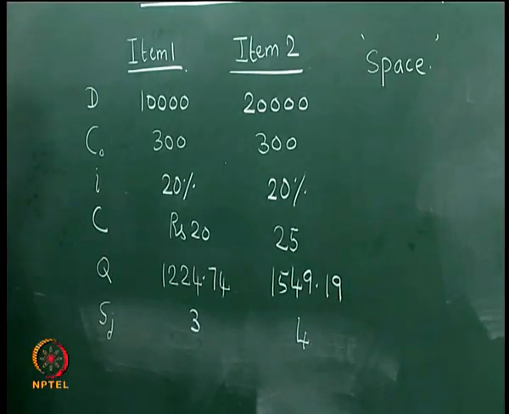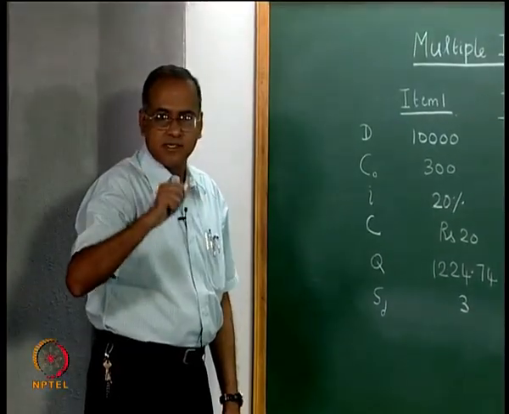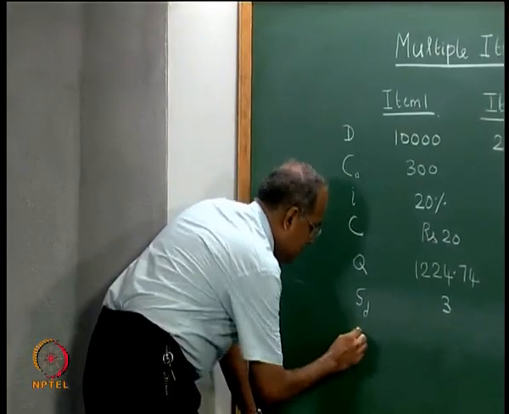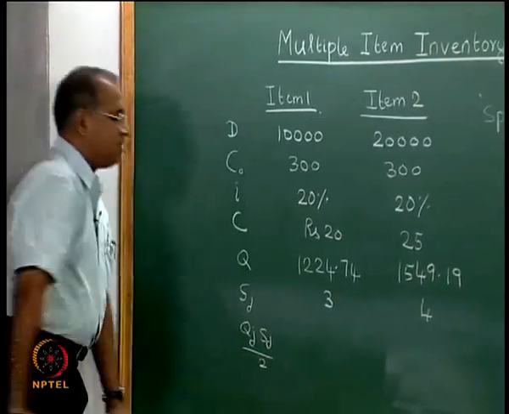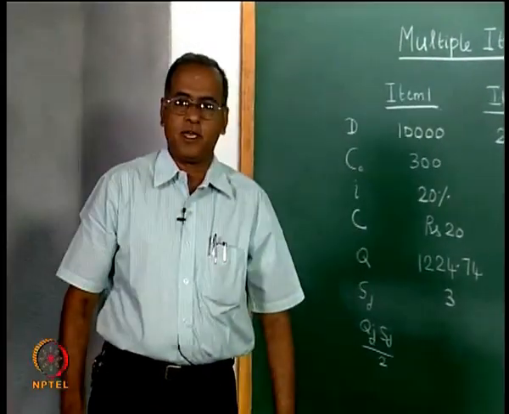So what we are going to do now is compute the average space required for these two items. We will compute Qj Sj by 2, which represents the average space required for each of these items.